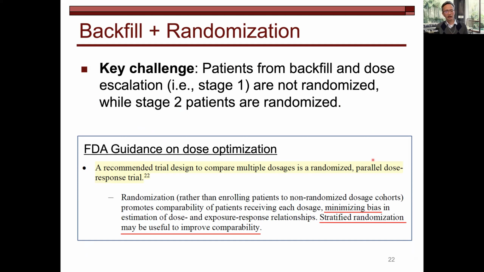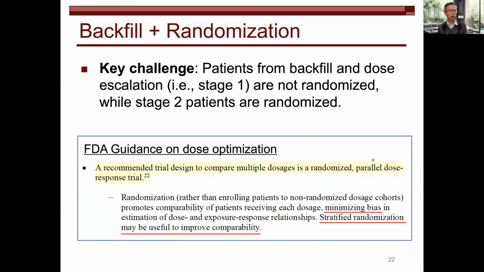If we look at the guidance, the reason it recommends a randomized parallel design is because, as a statistician, it is clear randomization is going to minimize the bias. The guidance also talks about how it is a small randomized trial, maybe just 40 patients randomized to 2 dose arms, 20 each.